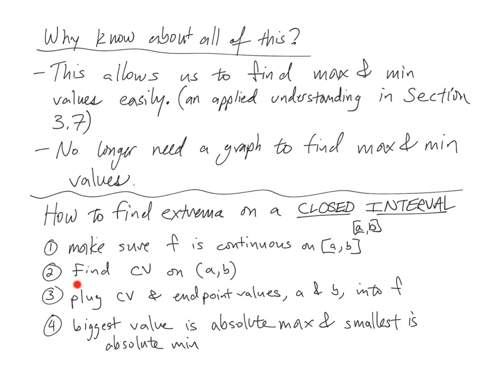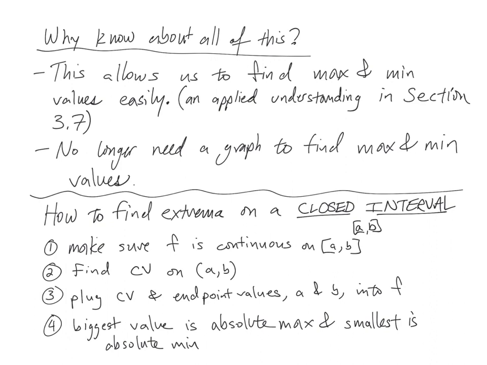The second thing is you want to find the critical values on the open interval, and I'll have an example of that here coming up in a few minutes. The third thing is you want to plug the critical values and the endpoint values, a and b, the endpoints of our interval, into the original function, because when we are trying to find the max and min of a function, it is of the function, not its derivative.